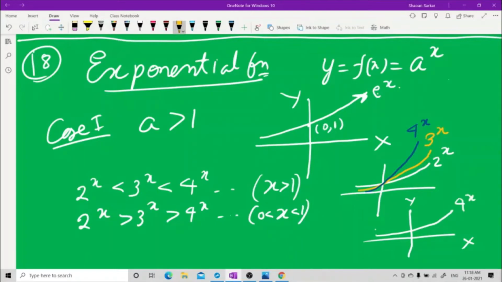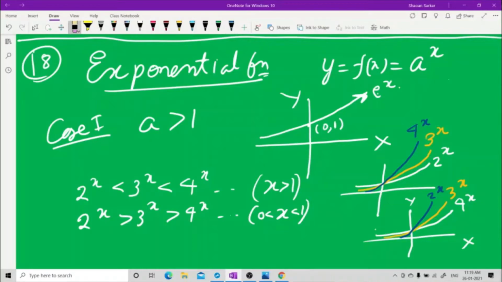This yellow color will be 2 to the power of x, and they will just reverse each other, and this is 3 to the power of x. This will be 2 to the power of x this way.